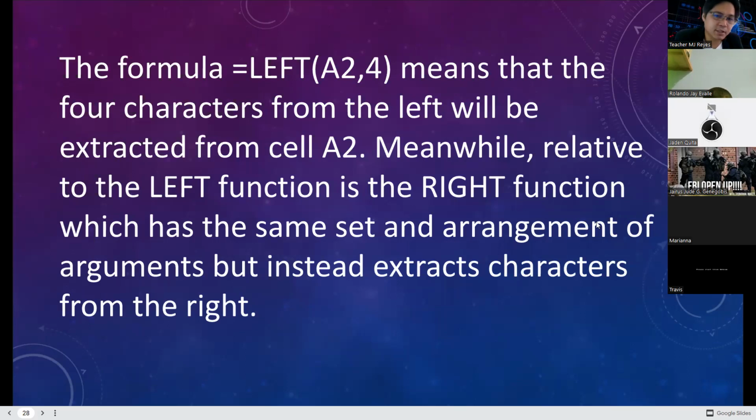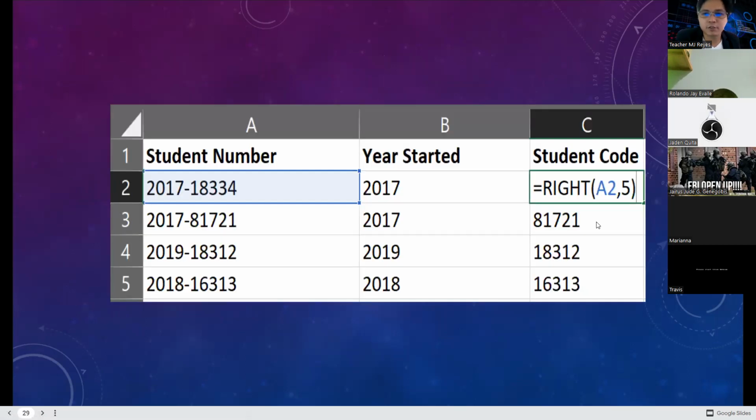Isn't it great? Isn't it advantageous on our part? Meanwhile, relative to the LEFT function is the RIGHT function, which has the same set of arguments, but instead it extracts from the right. So if you look at this one, the student code, we need to extract the 5 digits of the student code.